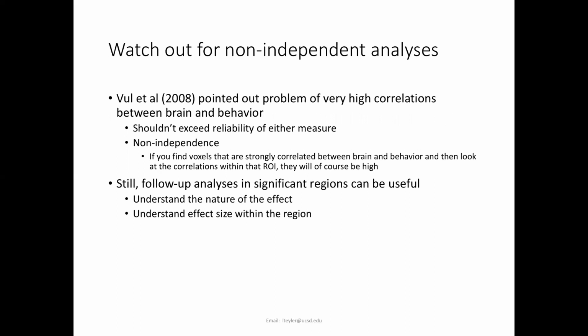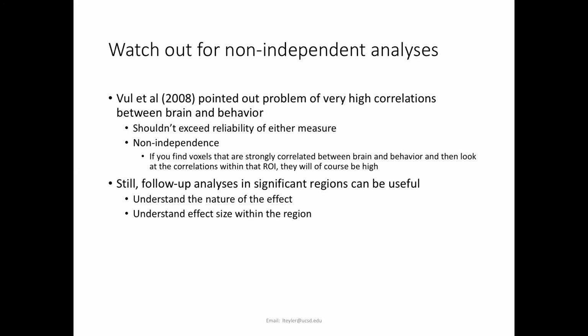So if I looked for the voxels in which there was a strong relationship between age and brain activation to the 2-back versus the 0-back condition, and then I found clusters where the brain response was highly related to age, and then I used that cluster as a region of interest and either picked out the fit coefficient from the highest voxel in there, or averaged all the fit coefficients in that cluster, and then plotted that versus age in the same group, then that's completely circular.